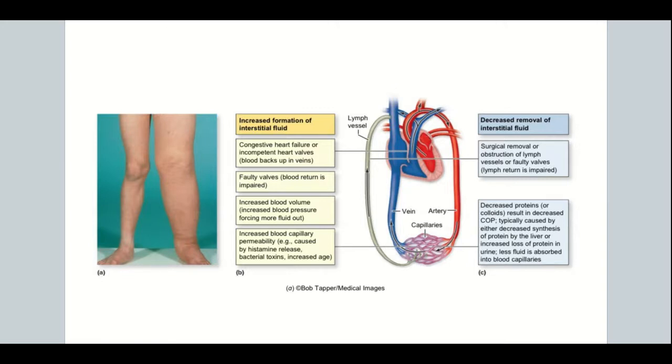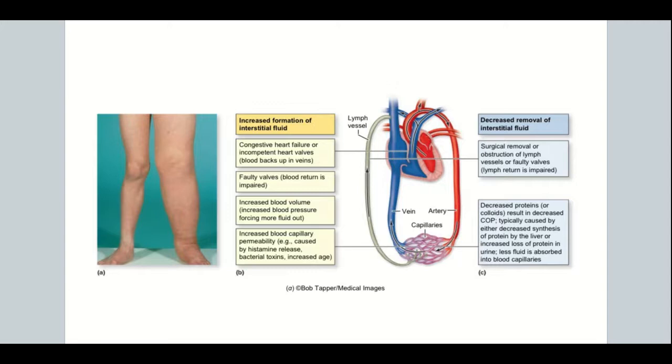So you can have an impaired lymphatic system that's not removing fluid efficiently from the area, and that could cause the edema. We also talked about edema when we talked about the cardiovascular system and how your ventricles are supposed to be pumping equal amounts of blood. And if they're not, you can experience systemic or pulmonary edema because there's a backup of blood in capillaries, which causes increased infiltration, which causes fluid to be pushed out into that area.